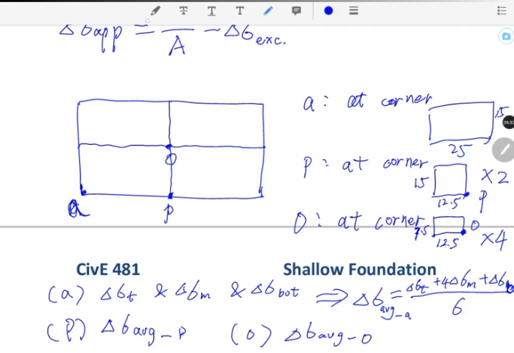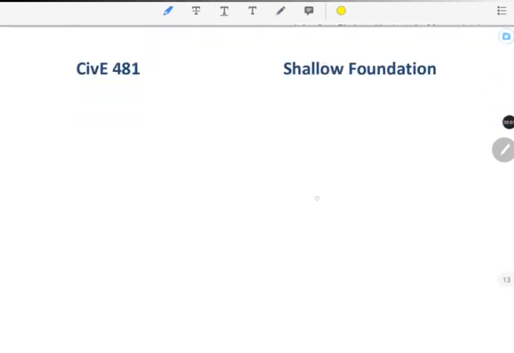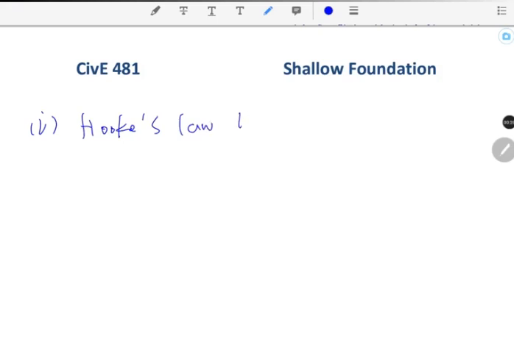and delta sigma average for point O. Then for the immediate deformation, which means elastic deformation immediately after the foundation is installed, we can use Hooke's law to find the immediate settlement.